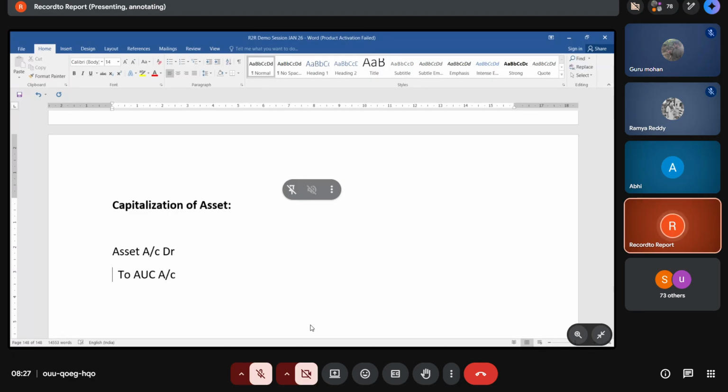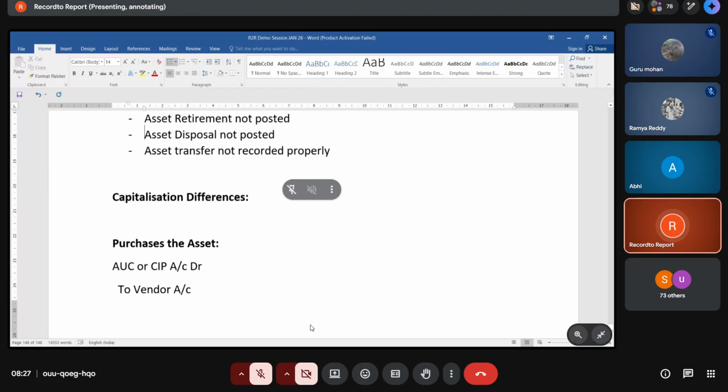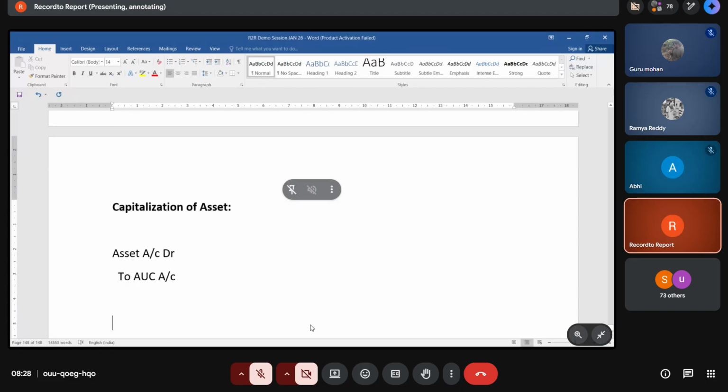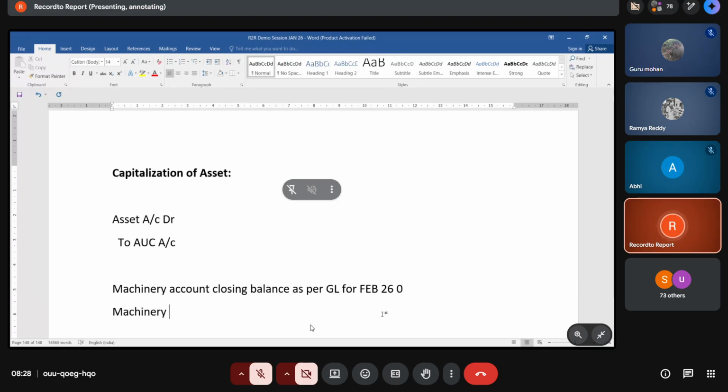Here I am saying the asset is ready to capitalize, but it has not been capitalized. For example, the machinery account closing balance as per general ledger for February 26 is 0. The same machinery account closing balance as per the fixed asset tracker for Feb 26 shows 1 lakh.